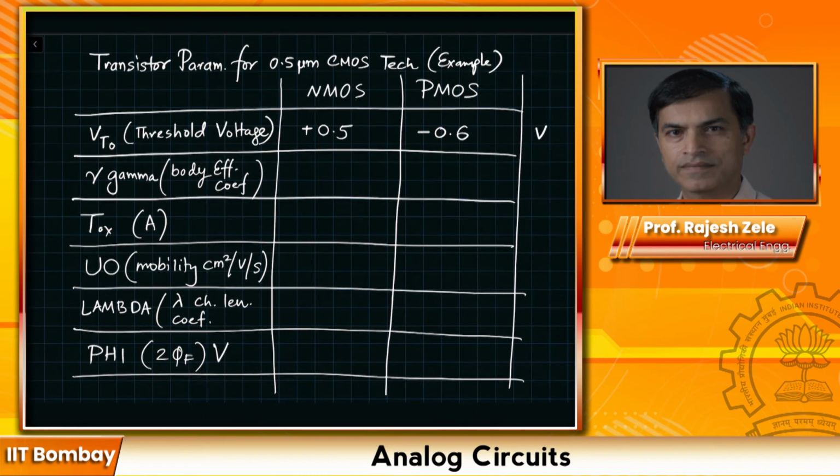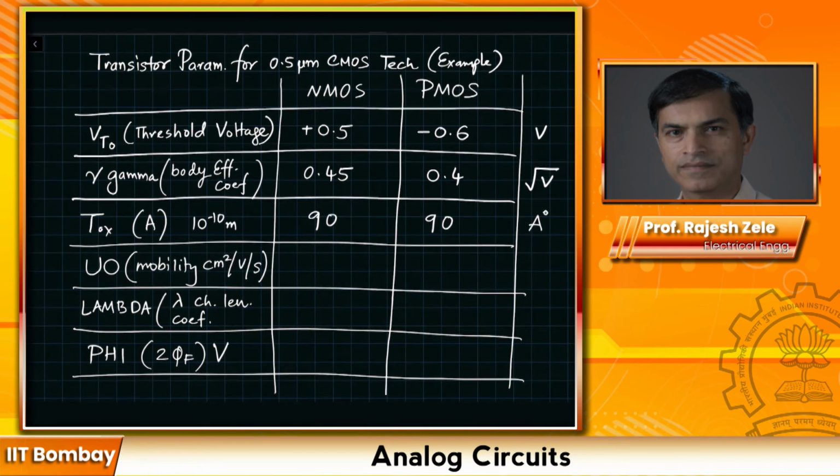Gamma, which is the body effect coefficient, is 0.45 for NMOS transistor, and for PMOS let's say 0.4, and the unit here is square root of volt. Tox is the thickness of the oxide. Angstrom is 10 to the power minus 10 meters. In this case it is 90 angstrom, and the same gate oxide is on both sides.